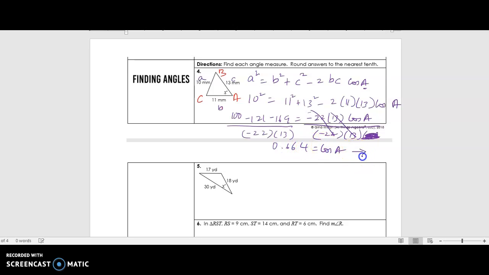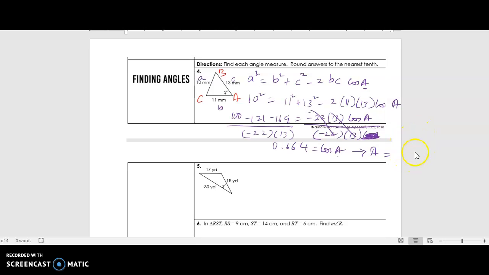So now from here, you have to do inverse cosine. So A, because we are finding measure of an angle, we definitely need to find the inverse functions. So inverse of cosine, inverse cosine of 0.664, which happens to be, oops, it's all gone.